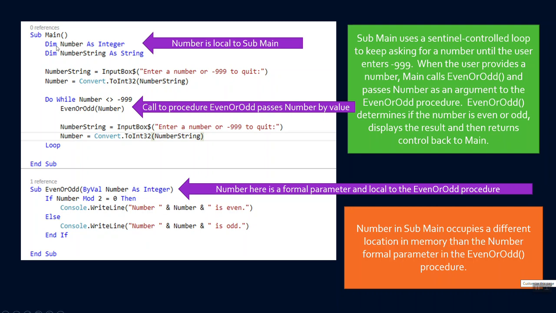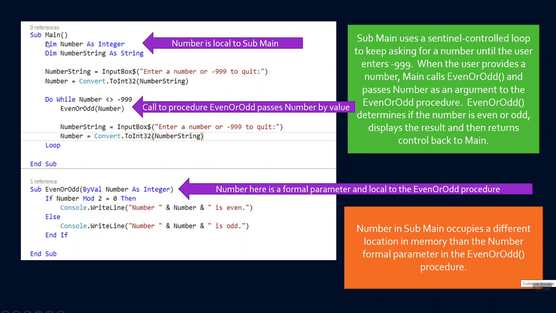Up here in Main, we want to get the number from the user, and here we do so. We know InputBox is going to return the input as a string, so we assign it to a string variable, and then we convert the string to an integer. As usual, if we're going to do those steps, we need to have corresponding variables in order to do so.